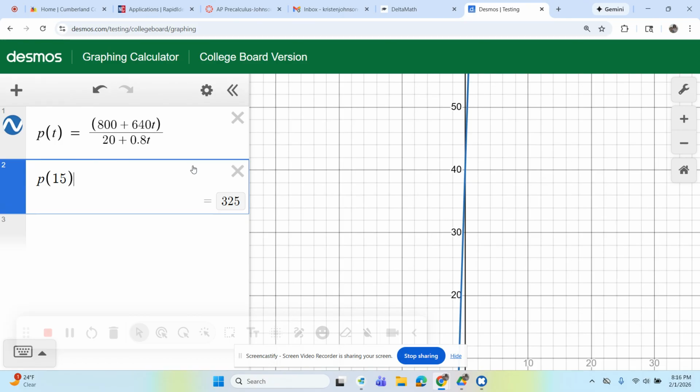All right, limit notation and behavior. So we can see as we're going towards negative infinity, we're approaching a certain value, and positive infinity, we're approaching a certain value.